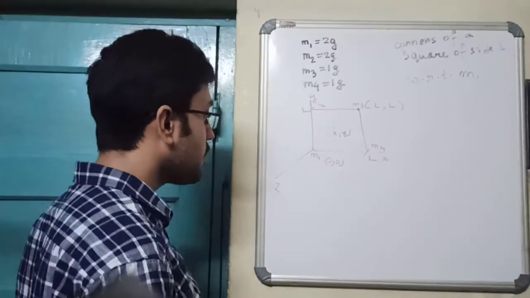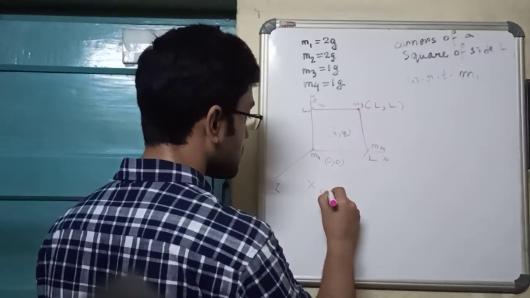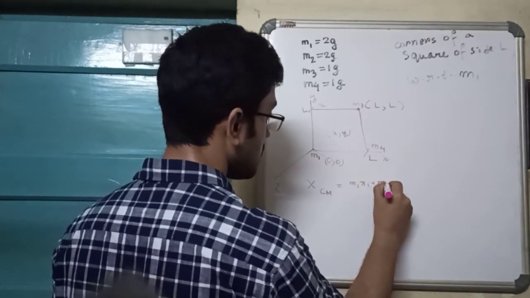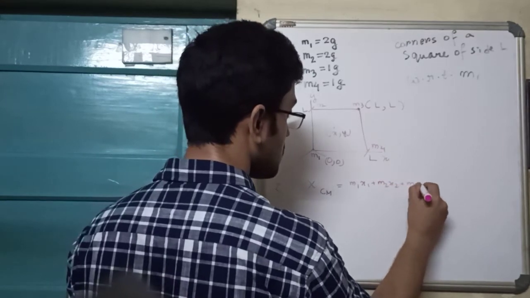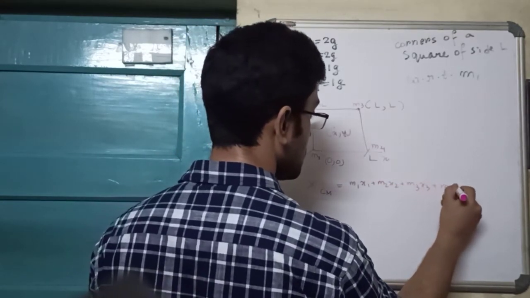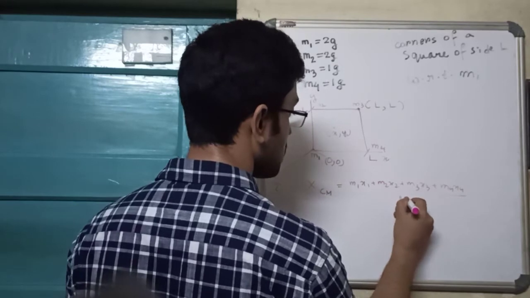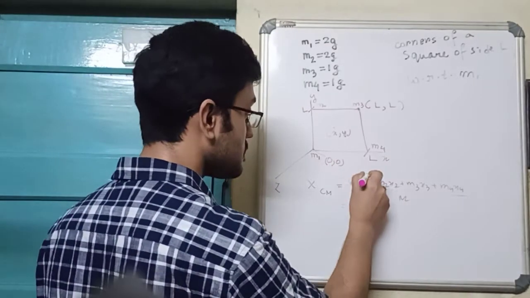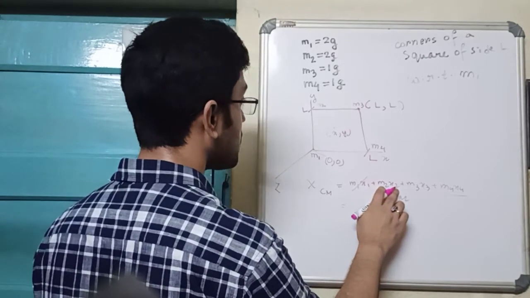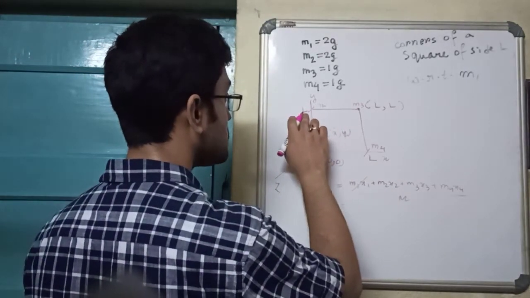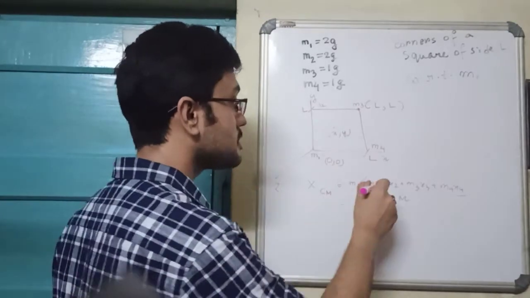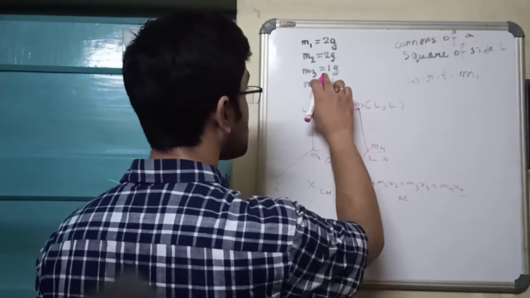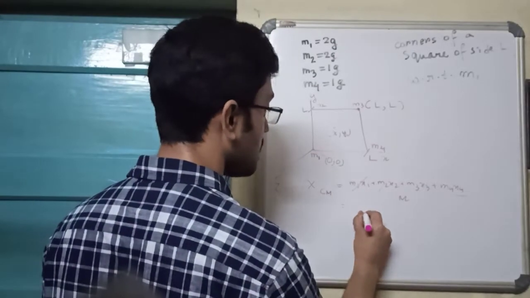So first of all, when we are finding out the x coordinate, x center of mass is equal to m1x1 plus m2x2 plus m3x3 plus m4x4 divided by total mass. m1's x coordinate is 0 because it is at origin, so this cancels. m2's x coordinate is also 0 because this is also on the y-axis. m3's x coordinate is here, L, and m3's mass is 1 gram, so it is 1L.